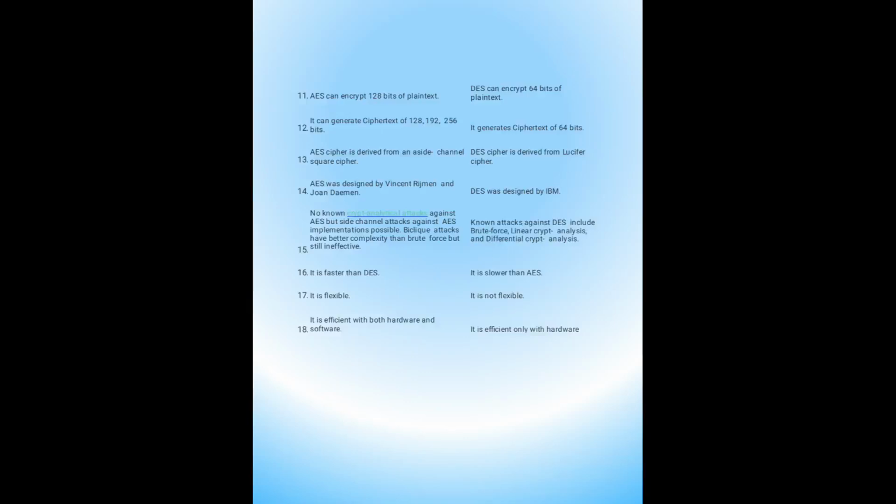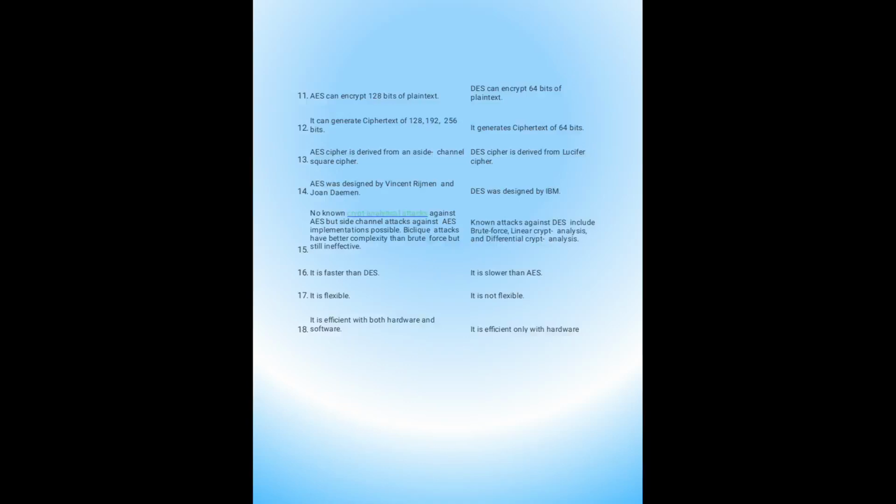In the AES algorithm, we can encrypt 128 bits of plain text, while in DES we can encrypt 64 bits of plain text. AES generates ciphertext of 128, 192 or 256 bits and it generates ciphertext of 64 bits in the DES algorithm.